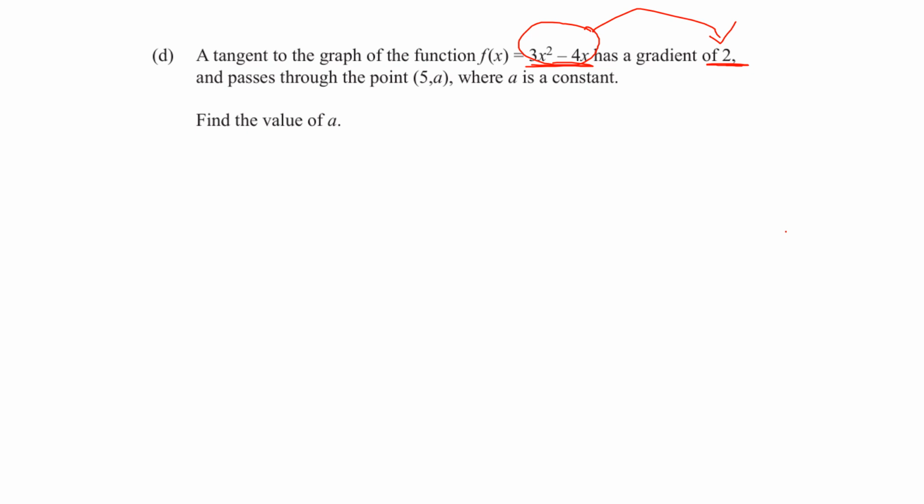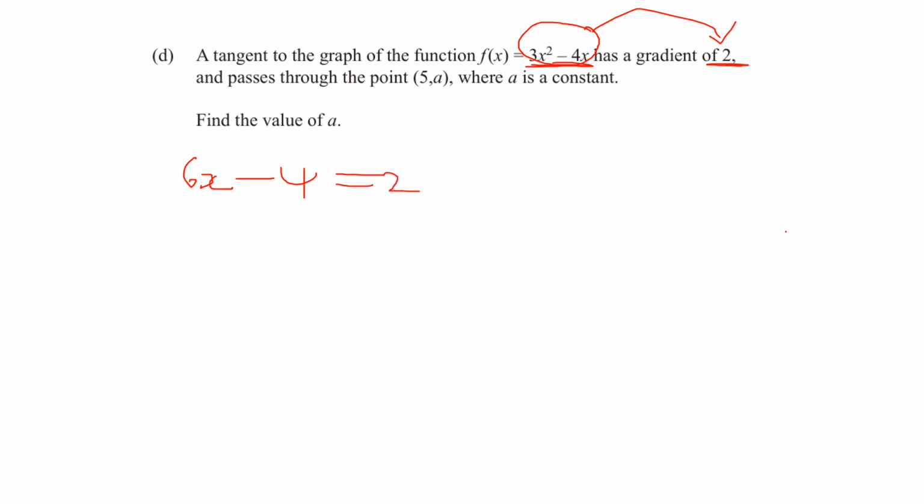As we've been doing in the previous questions and from first principles, what we do know is that 6x minus 4 is equal to 2.